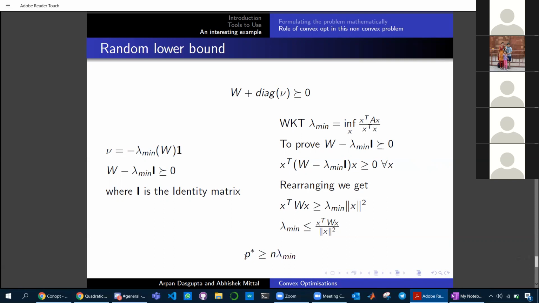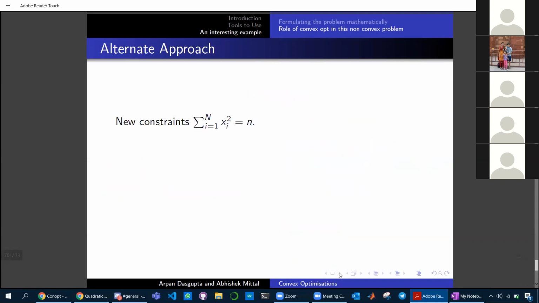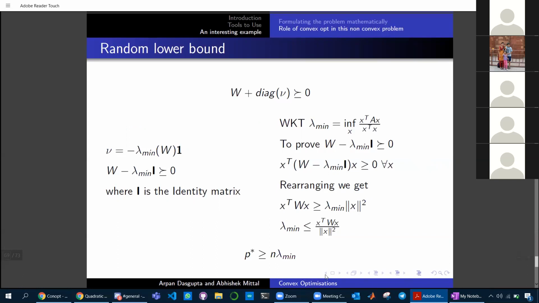And this gives me that my p star, which is the optimal value, is greater than or equal to n lambda min. So this was my demonstration of how convex optimization tools and techniques can be used to not completely solve a non-convex problem, but at least help us in approximating what the optimal value is going to look like.